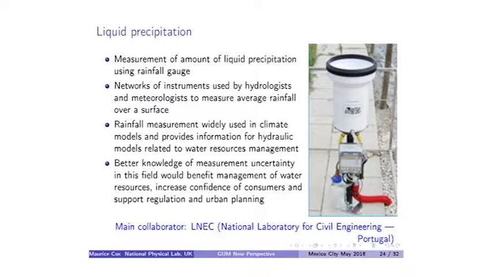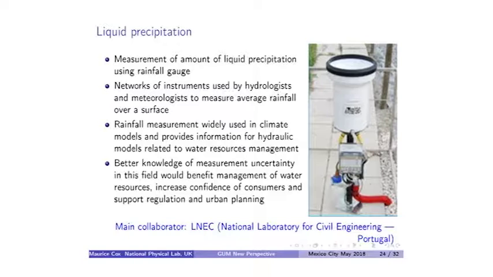Liquid precipitation, it's a common problem, of course. We use rainfall gauges. They haven't changed much over the years. We use rainfall gauges to measure rainfall at certain points. And we want to know rainfall over a certain region in a certain period of time. Where the rain gauges are situated is an influence on the final result.